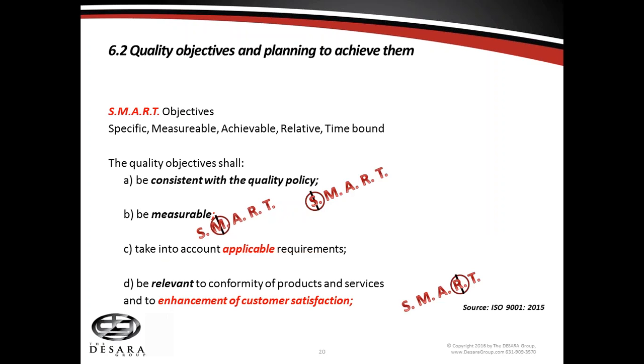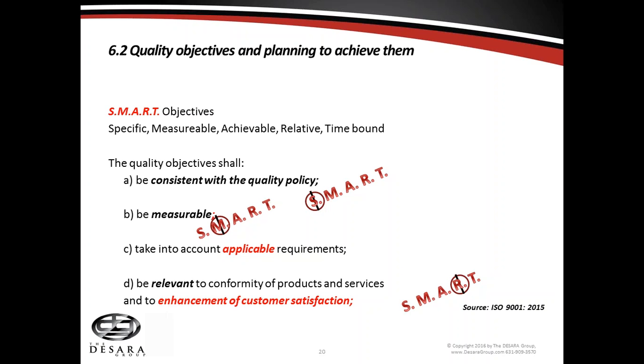The first one, from the old standard, consistent with the quality policy. Consistent to me means specific. We want to be specific and tie it in with that quality policy. Measurable, they've used the actual word from SMART. It's measurable. C, takes into account applicable requirements. The old 5.4.1 said product requirements. Again, they've expanded this to talk, I think, more about interested parties, not just customer requirements.